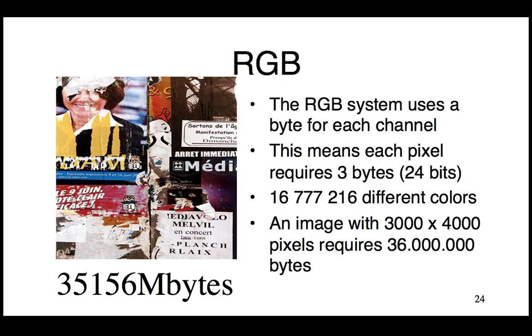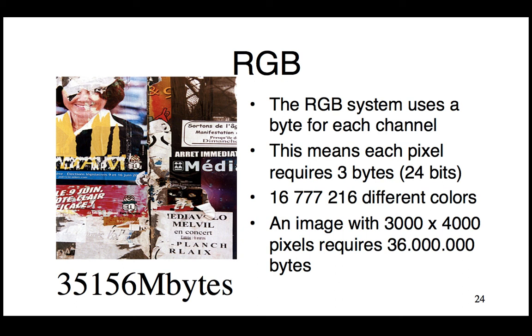Okay? So I'm just going to preview now what we're going to look at in the next class. As I mentioned before, and when we looked at black and white images, you can reduce the amount of data by reducing the number of samples, and you can also reduce the precision of each sample. Two things going on there. If we have an image that uses 24-bit color, then in that 24 bits we have the possibility of 16 million and change colors. Do we really need 16 million colors in our image?